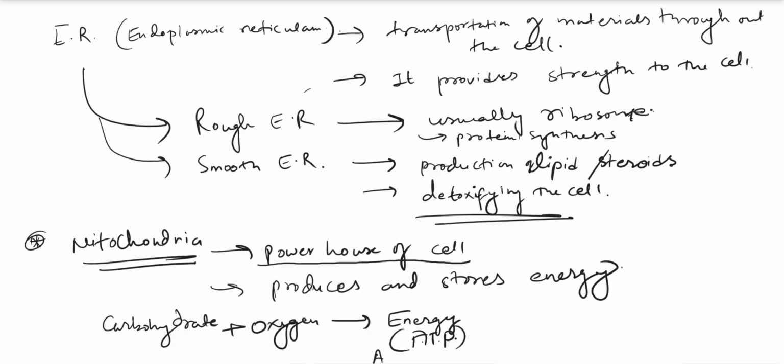ATP means adenosine triphosphate. And as a byproduct, meaning waste material, it will release carbon dioxide. So carbon dioxide gas is released as a byproduct, which leaves through our lungs.